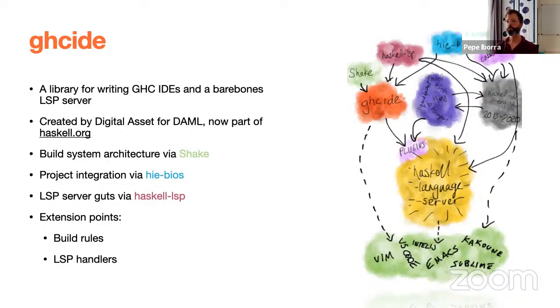So the benefit of this architecture is that GHCIDE code is quite declarative, because one can say, I want the type checking artifacts for this module, and it's not necessary to say how those type checking artifacts are going to be computed, where they're going to come from, where's the source code for this module, or whether they're going to be computed in parallel or sequentially, or whether they're going to be cached or shared, because the build graph takes care of all that.